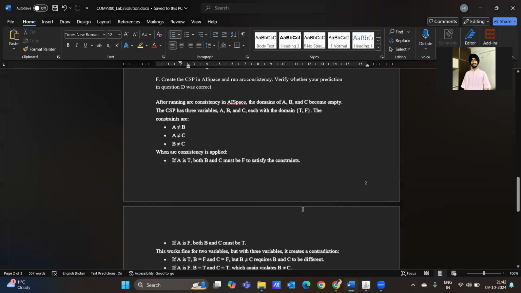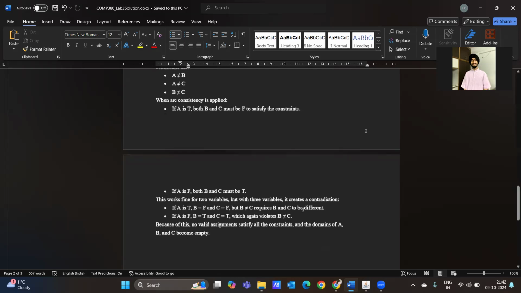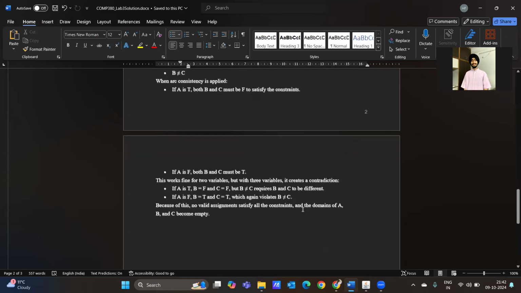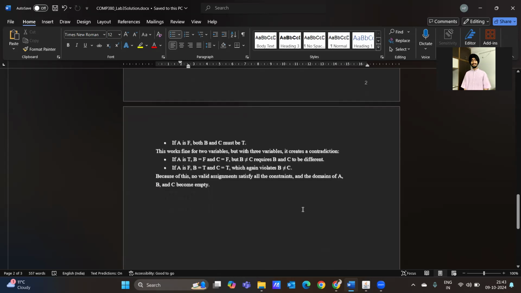So basically, when arc consistency is applied over here, if A is T, both B and C must be F to satisfy the constraint, and if A is F, both B and C must be T to satisfy the constraint. This works fine for two variables, but there are three variables. It creates a contradiction.